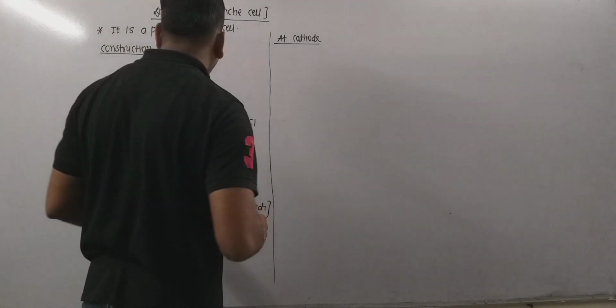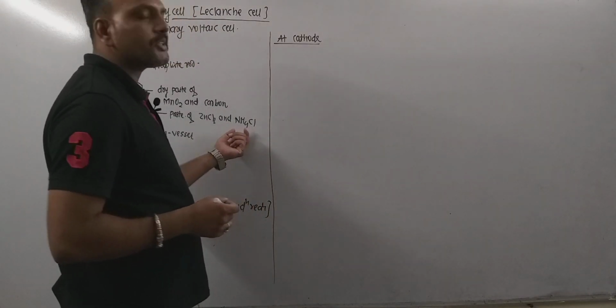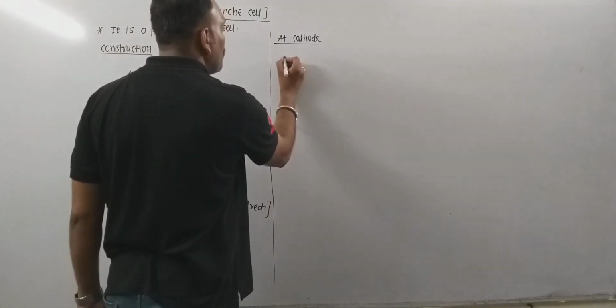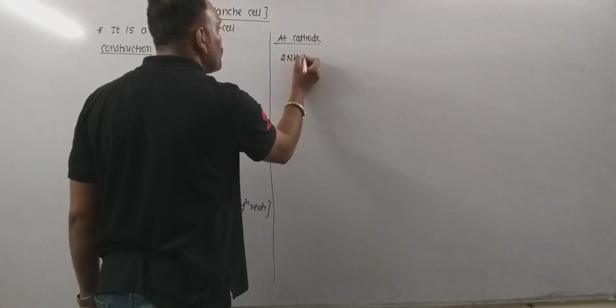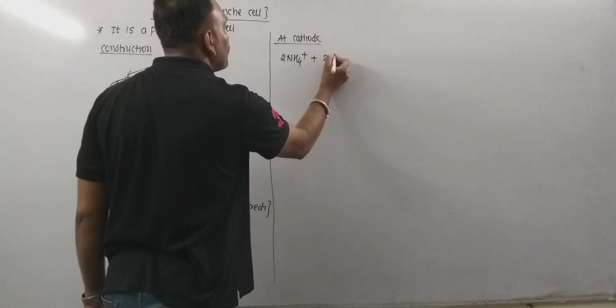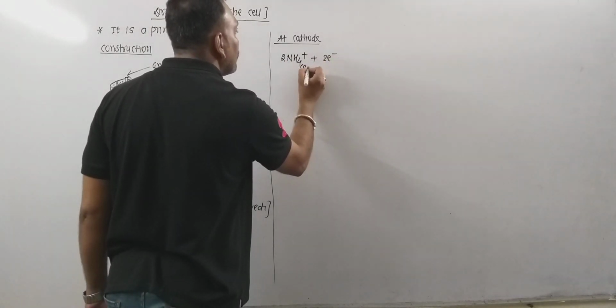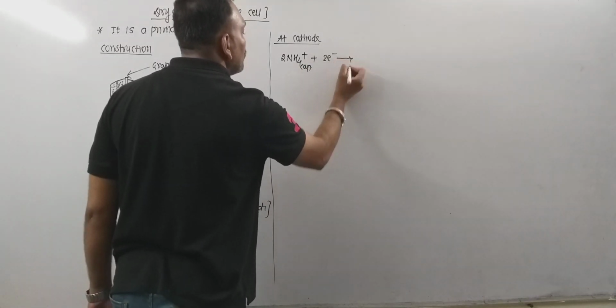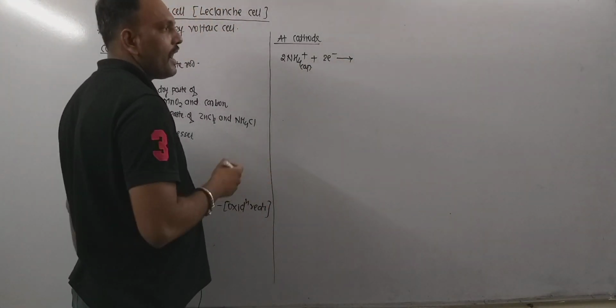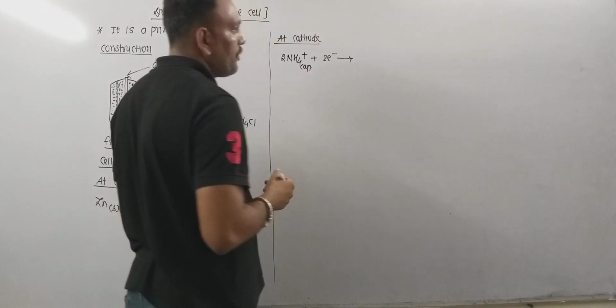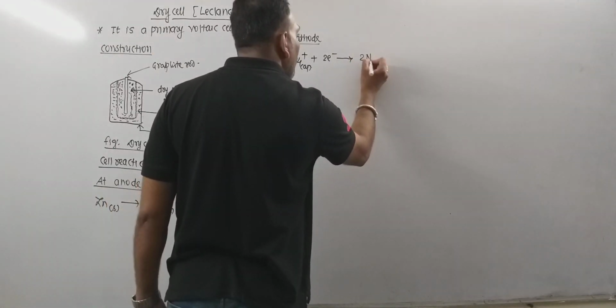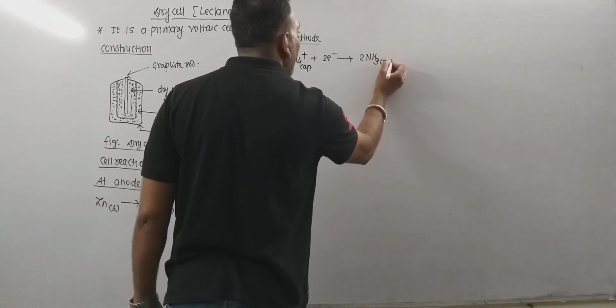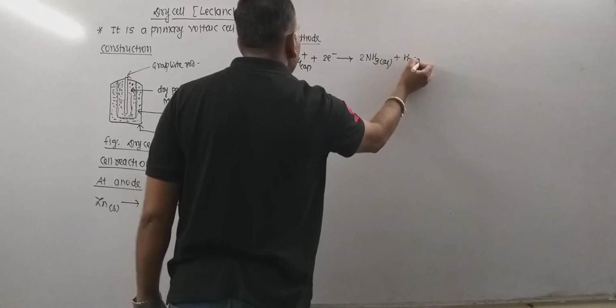So NH4+ ions, we use aqueous paste of NH4Cl. NH4+ ions undergo reduction by accepting the electrons liberated at anode. So in the process of reduction, what happens? Ammonia gets formed and hydrogen gas gets released.